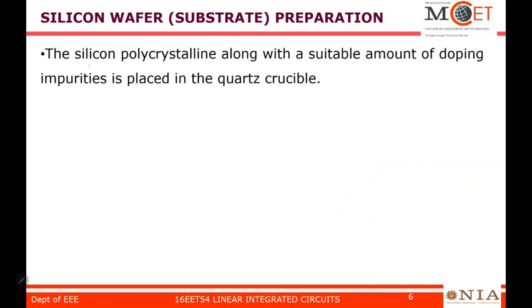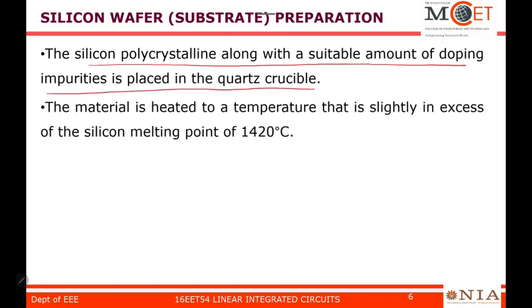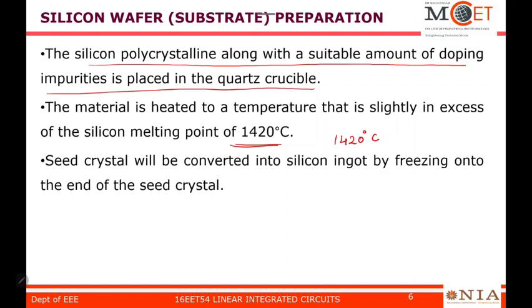The polycrystalline silicon along with a suitable amount of doping impurities is placed in a quartz crucible. The material is heated to a temperature slightly in excess of the melting point of silicon. The melting point of silicon is 1420 degrees Celsius. The seed crystal will be converted into a silicon ingot by freezing onto the end of the seed crystal. A crucible is a kind of tank.